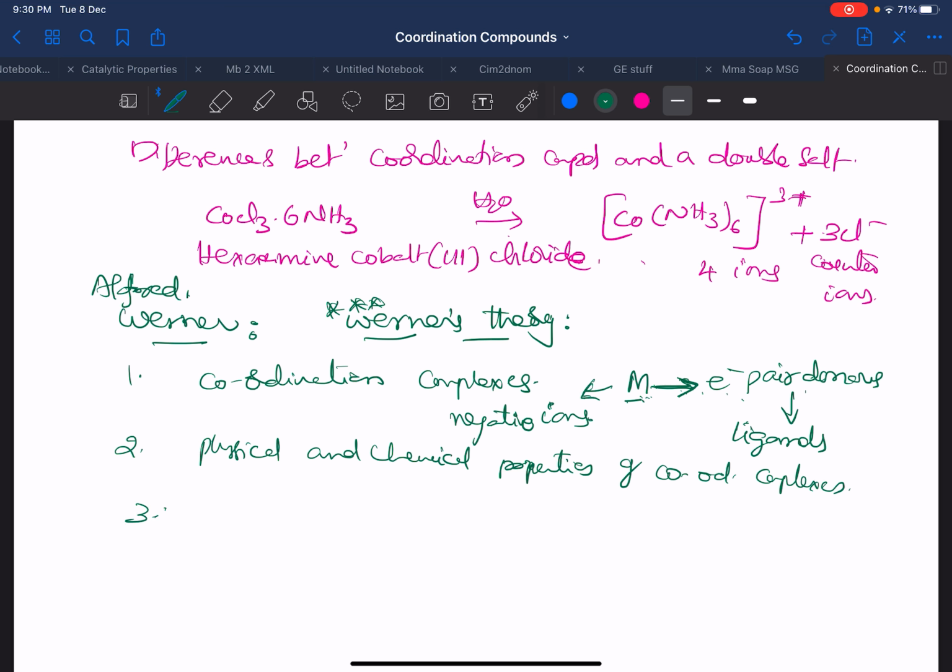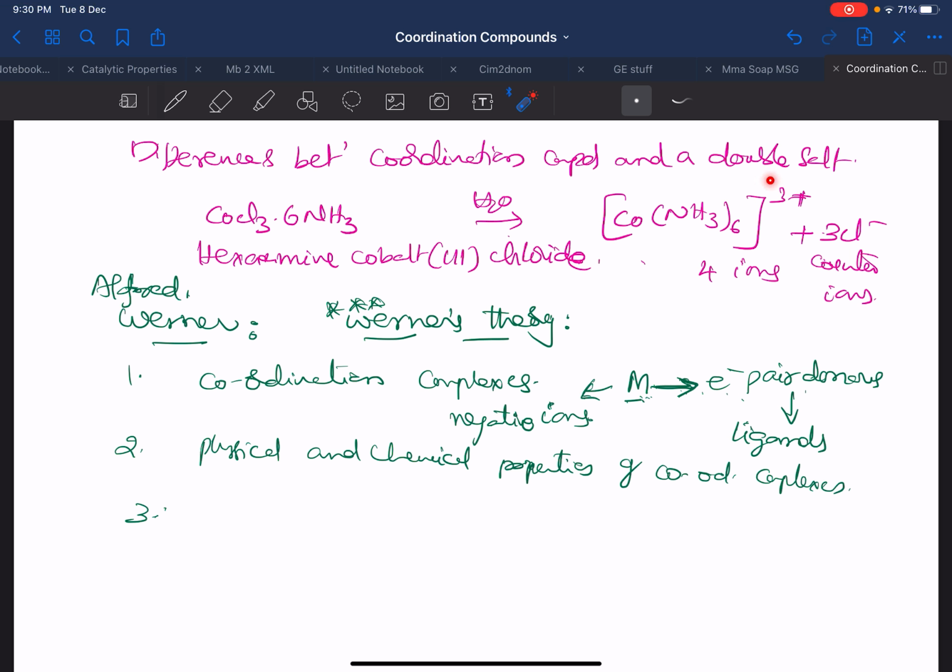And next one, the central metal atom, that means the metal ion or the atom which is involved in the coordinate covalent bond. Here we are taking a simple example, [Co(NH3)6]Cl3.